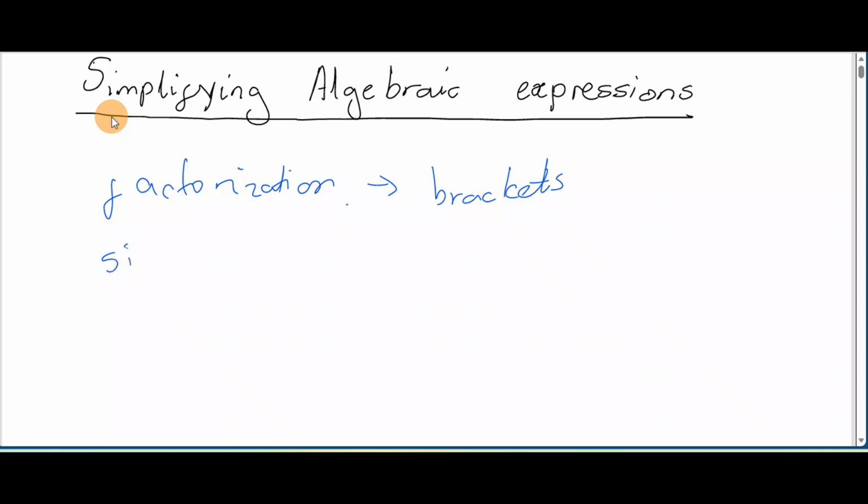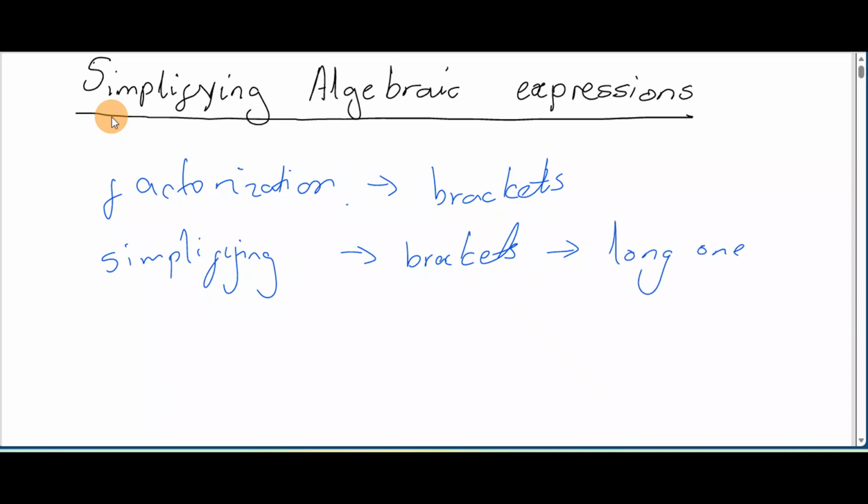But now when we do simplifying, we are coming from the brackets to the long one. This one was long one to brackets. So they are opposite of each other.